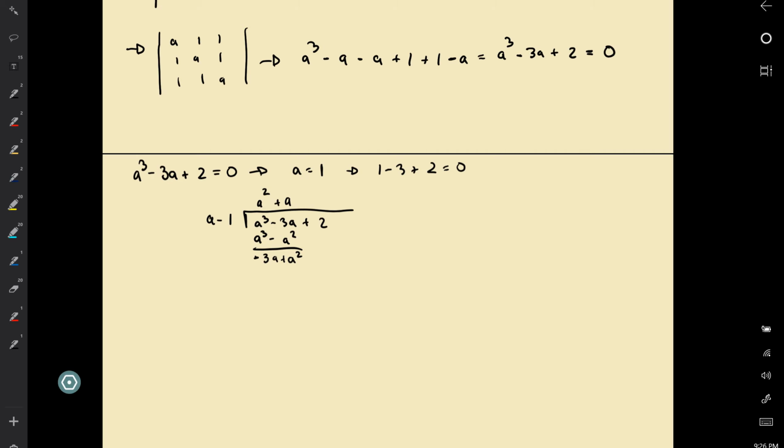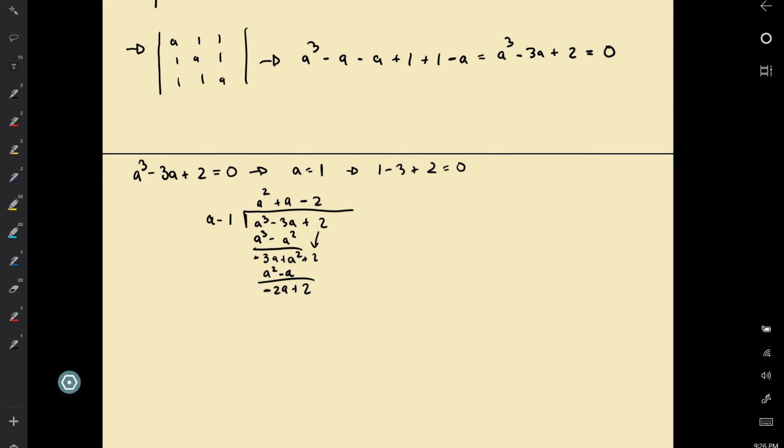Okay, and that'll give you a squared minus a. And sorry, I was supposed to add the 2 down here. And subtract that, and you're going to have, let's see, minus 3a minus minus, so it'll be minus 2a plus 2. And then this will go into that exactly minus 2 times.